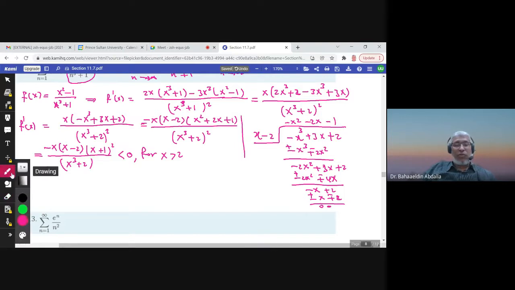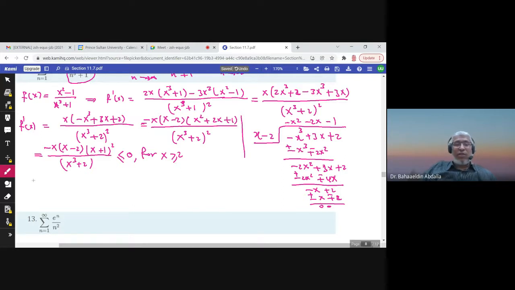If I take 2, it would be 0. I can say that it is less than or equal, and put an equality here also. So choose 3. Positive, positive, positive. You have negative. So f prime is negative for x greater than 2.